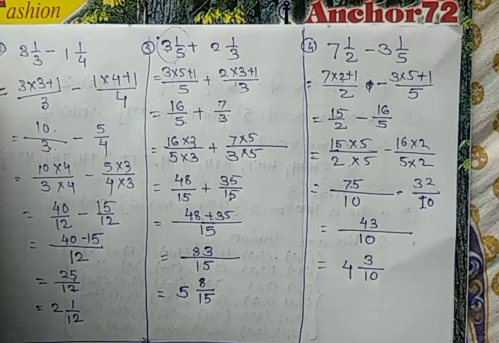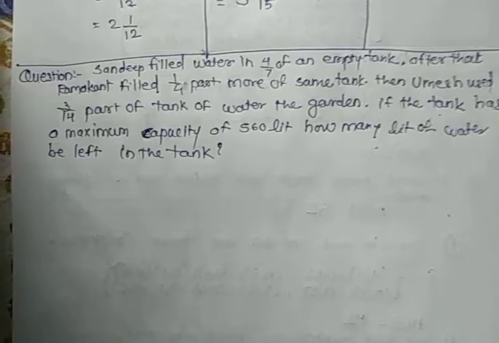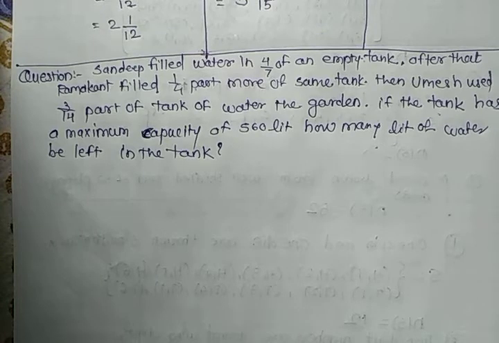Let's see the word problem. Sandeep filled water in 4/7 of an empty tank. After that, Ramakant filled 1/4 part more of the same tank. Then Umesh used 3 upon 14 part of the tank to water the garden.